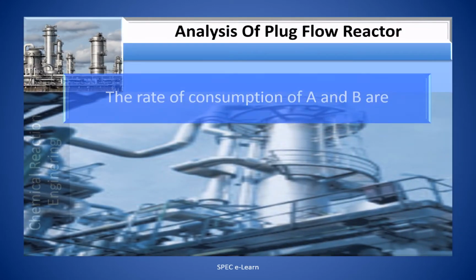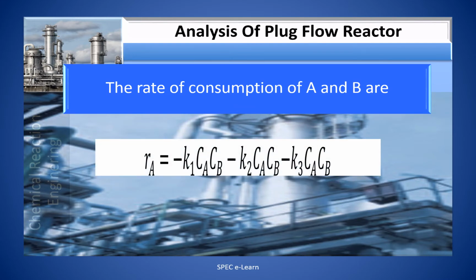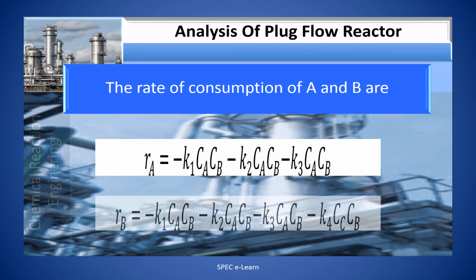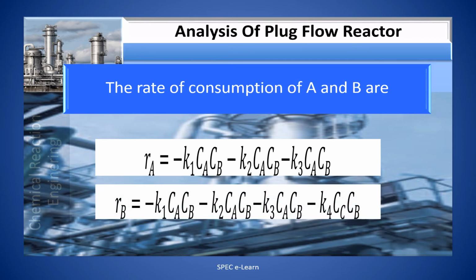The rates of consumption of A and B are: rA equals minus k1 CA CB minus k2 CA CB minus k3 CA CB. rB equals minus k1 CA CB minus k2 CA CB minus k3 CA CB minus k4 CC CB. The negative sign indicates consumption or disappearance of A and B.